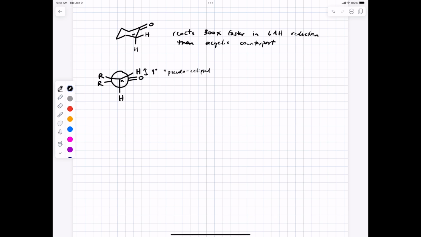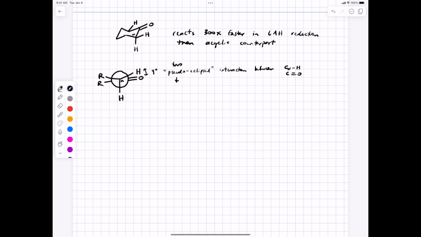which, if you remember, and we maybe didn't put too much of a number on this, you've got two different pseudo-eclipsed interactions here, between the alpha carbon equatorial C-H's and the carbonyl group.